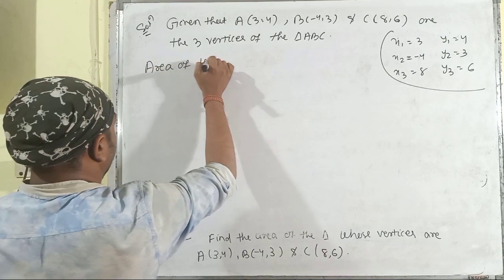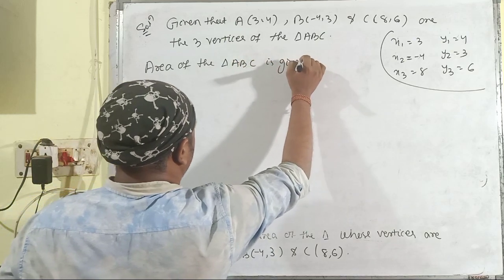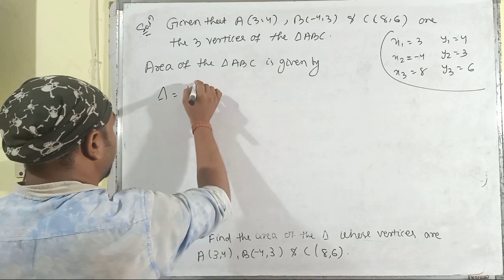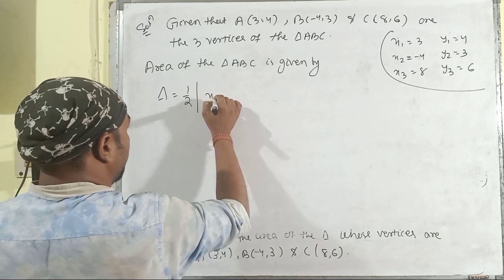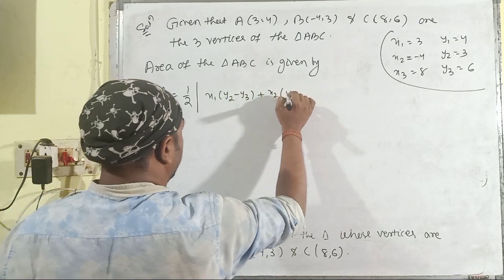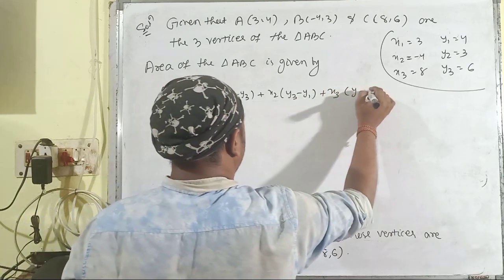The area of the triangle ABC is given by area is equal to half of the modulus of x1 multiplied with (y2 minus y3) plus x2 multiplied with (y3 minus y1) plus x3 multiplied with (y1 minus y2).